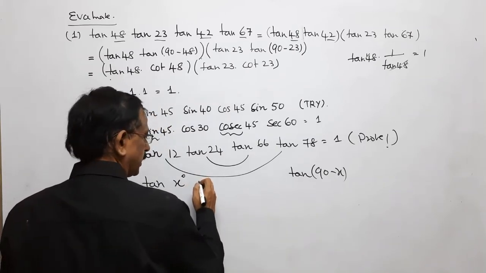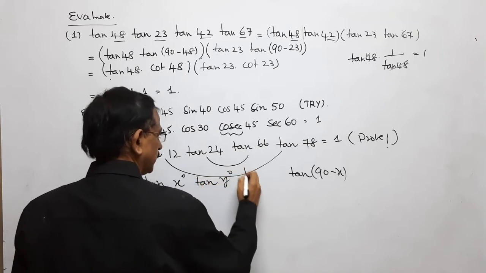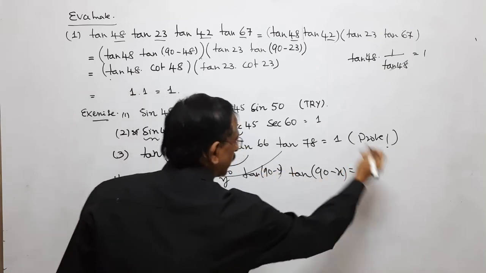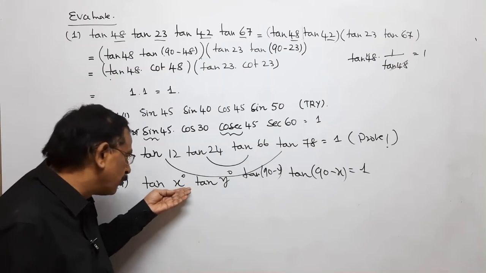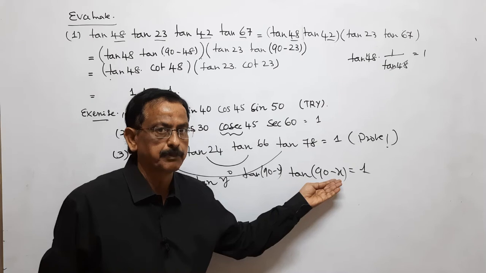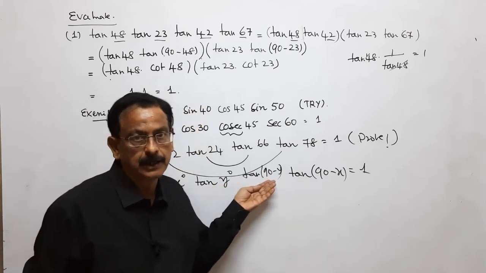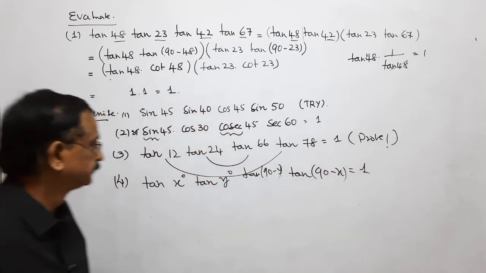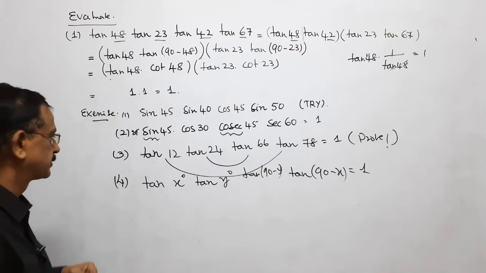And tan y degrees, tan 90 minus y. This will always give you 1. Suppose you take 1 degree, tan 1 degree and tan 89, the product is 1. Tan 2 degrees and tan 88 degrees, the product is 1. So 1 into 1 is 1.